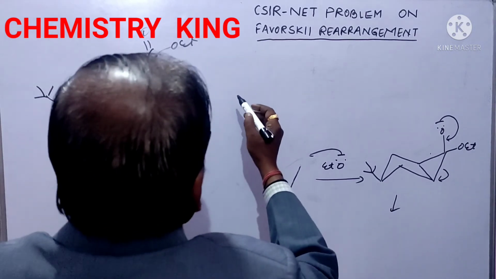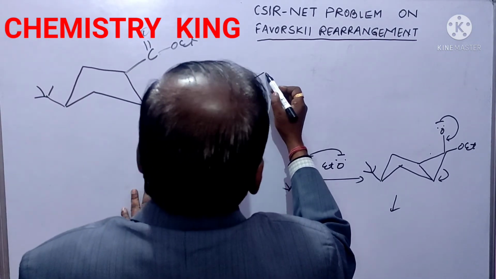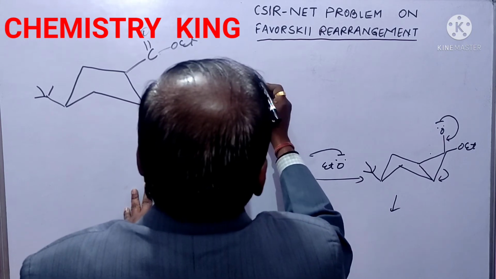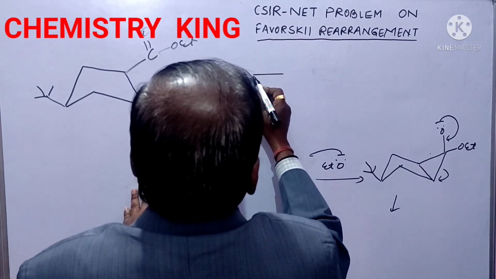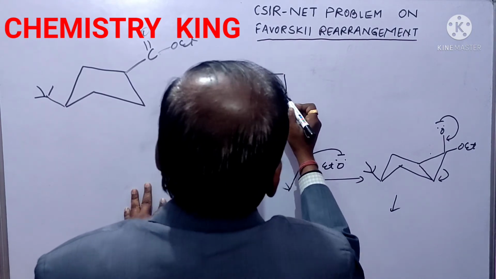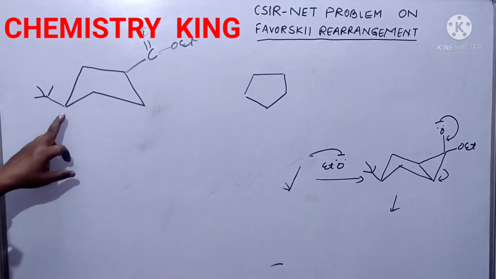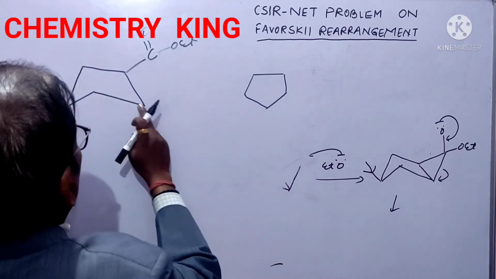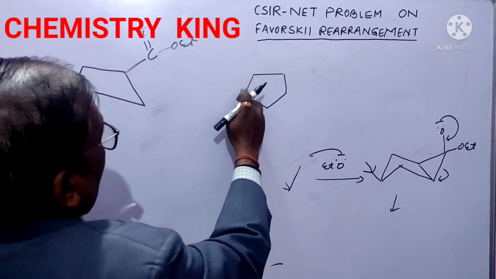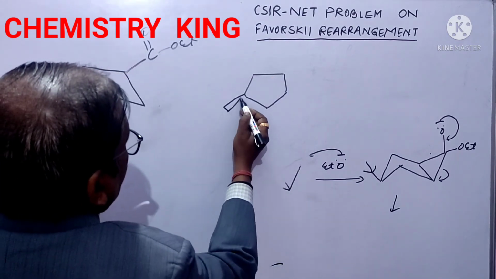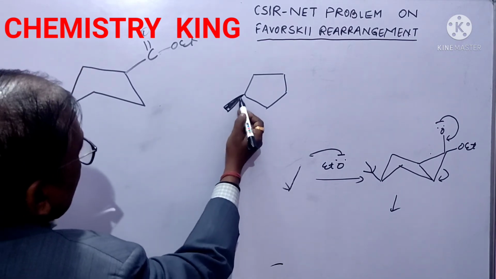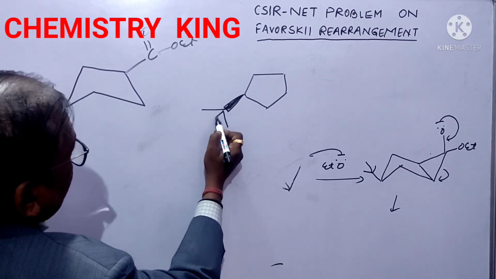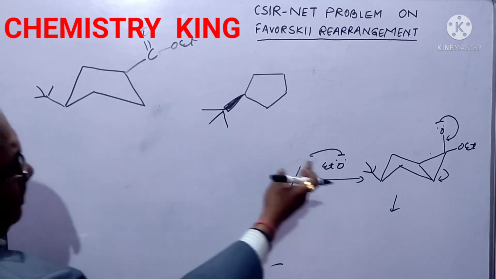Now, you should write it in this fashion. Okay? It is a pentagon. It is up, 1, 2, 3. So it is the tertiary butyl group, and this is up.